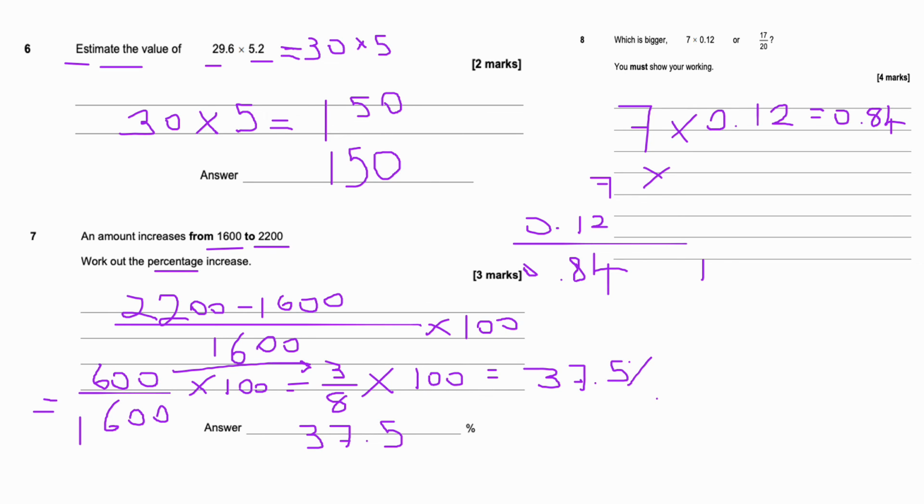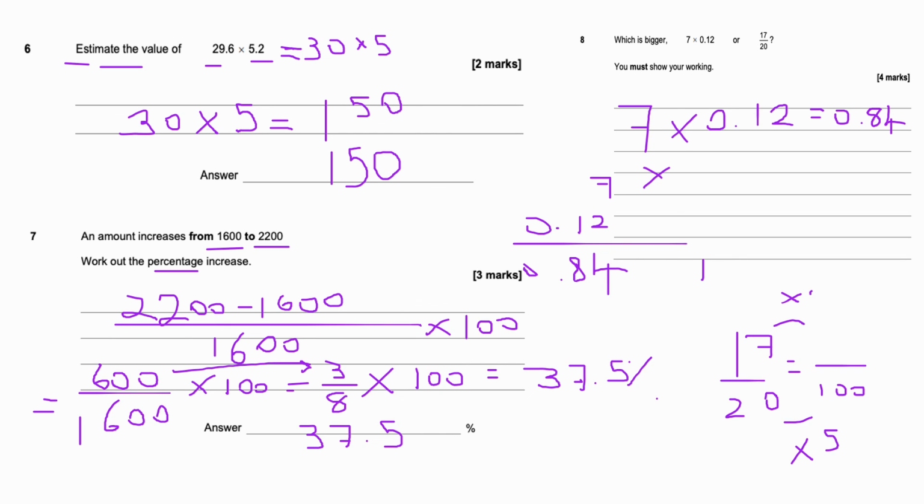Now 17/20. I'm going to put it out of 100, so I'm going to times top and bottom by 5. And then from there, it will tell me the decimal answer.